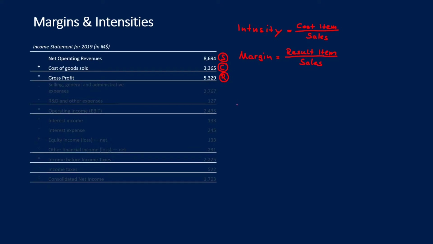For example, we can calculate the cost of goods sold intensity, which is defined as the cost of goods sold divided by sales.